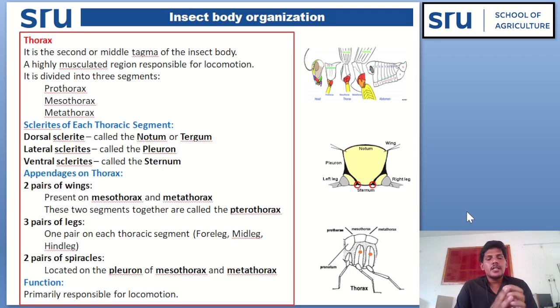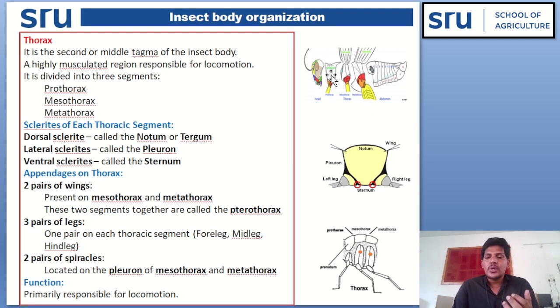Next region is the thoracic region or thoracic tagmata. This is the second or middle tagmata of the insect body. It is a highly musculated region and responsible for locomotion. It is divided into three segments, that is prothorax, mesothorax, and metathorax.